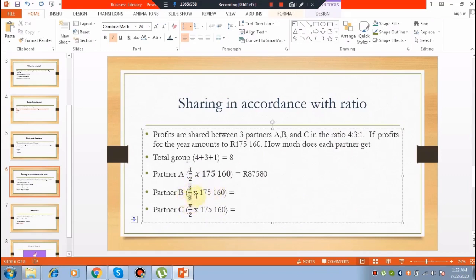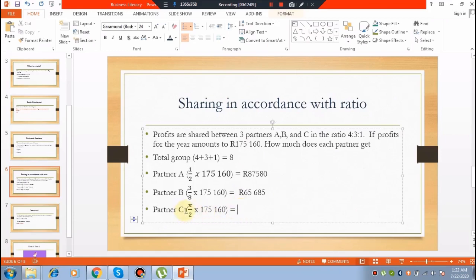That's 175,160 divided by 8, times 3. So the answer should be something like this: 65,685. Remember to punch this in your calculators, guys, and make sure that we have the same number.